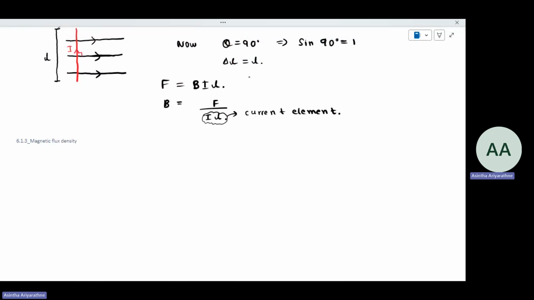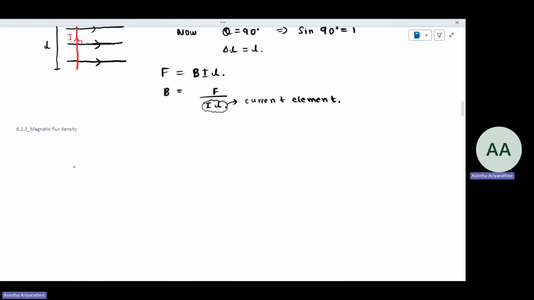Now we know this is the magnetic flux density B. According to the above expression, magnetic flux density is the force acting on a unit current element of a conductor kept perpendicular to the magnetic field.